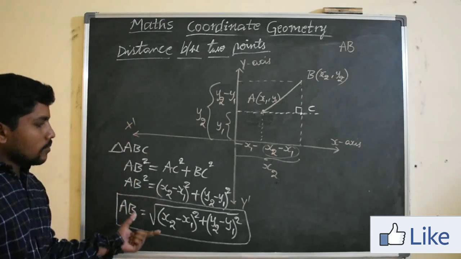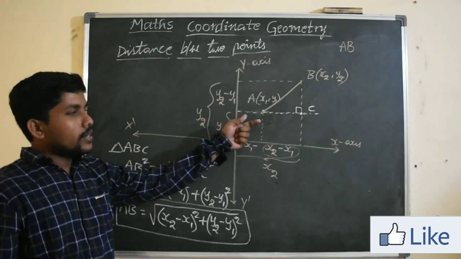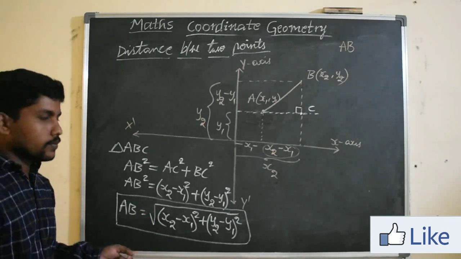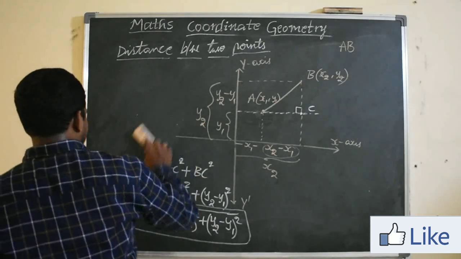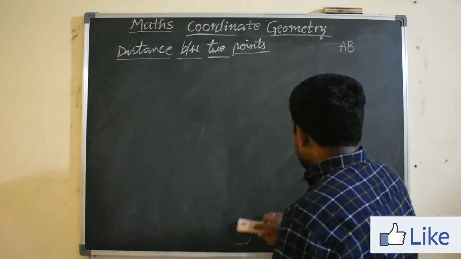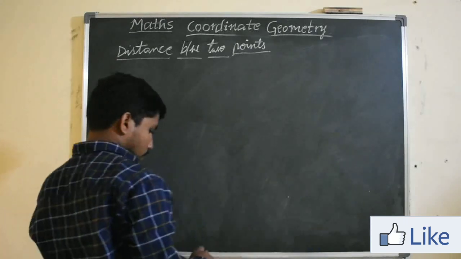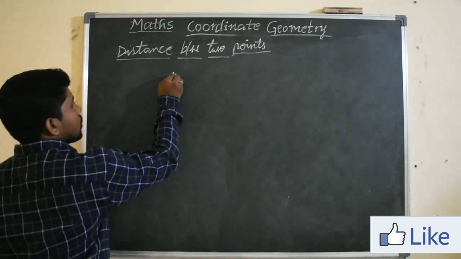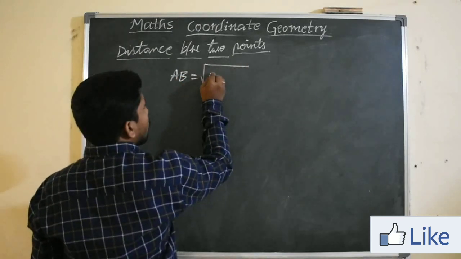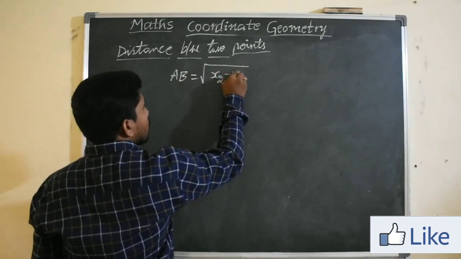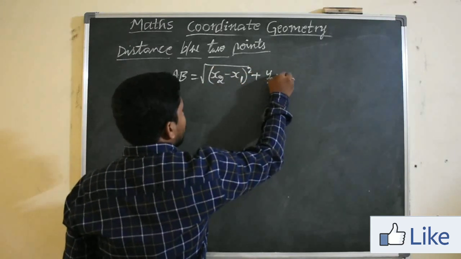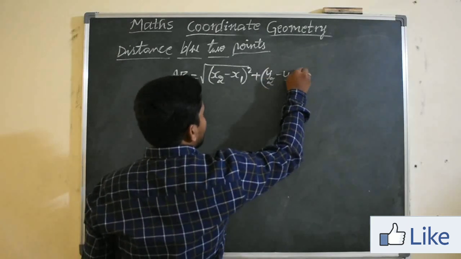Now based on this formula and based on the different types of points, let us see how the formula will change. Just now we derived the distance between 2 points AB is equal to under root of x2 minus x1 whole square plus y2 minus y1 whole square.